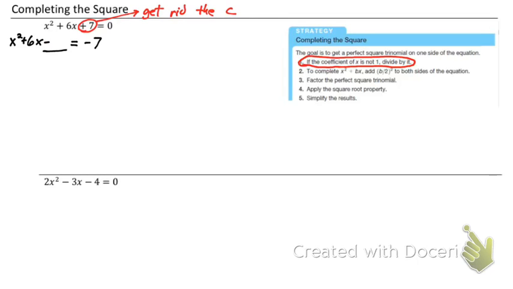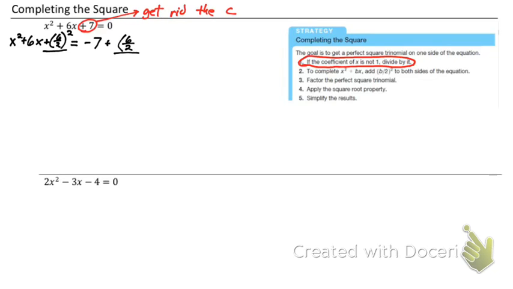I got that space because we need to add something, which means I need to add something on this side. Does anyone remember with completing the square what I need to add? You do b divided by 2 and squared. Perfect. So we're going to have 6 divided by 2 squared, and I'm going to do the same thing to this side.